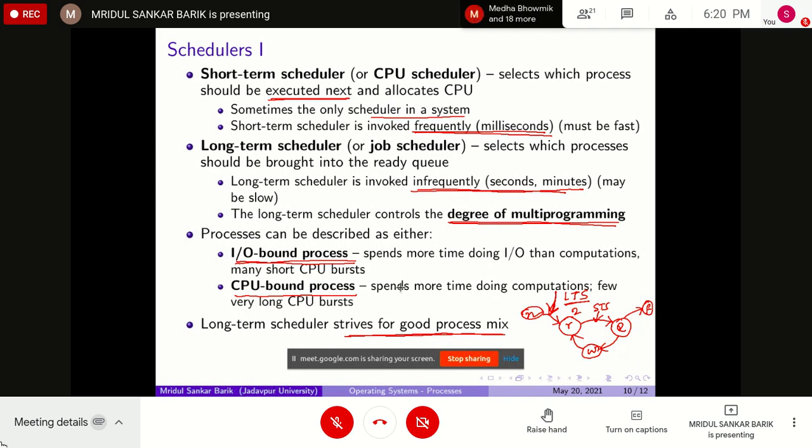If most of the processes are CPU bound, then their waiting time will be longer. If most of the processes are IO bound processes, then the CPU may sit idle. So there has to be a good mixture of IO bound and CPU bound processes.